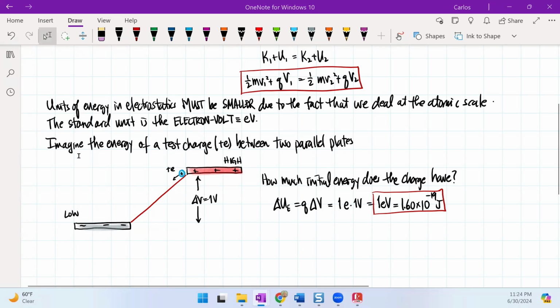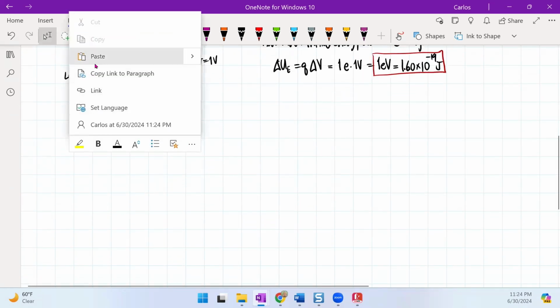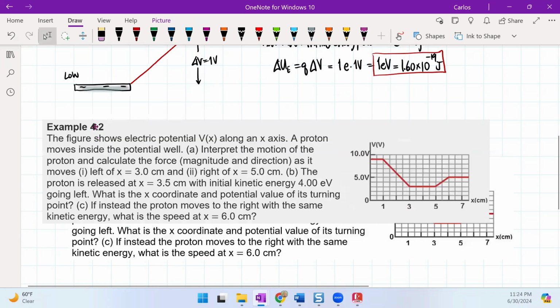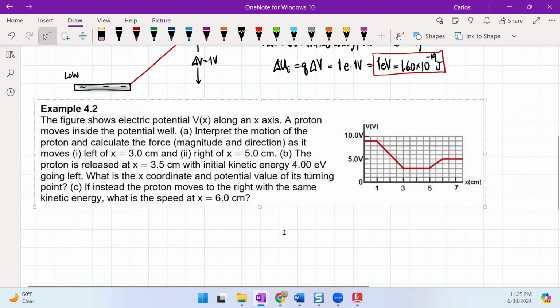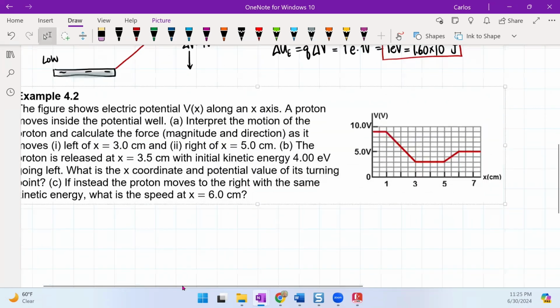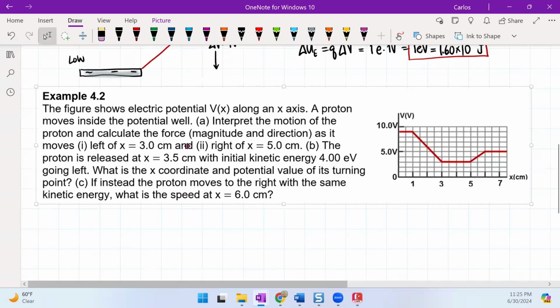So now I want to go and look at the next example, example 7.2, or 4.2, excuse me. The figure over here to the right shows the electric potential along the x-axis. A proton moves inside the potential well.